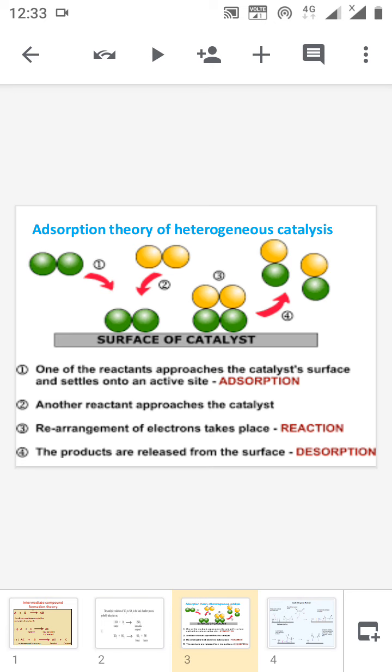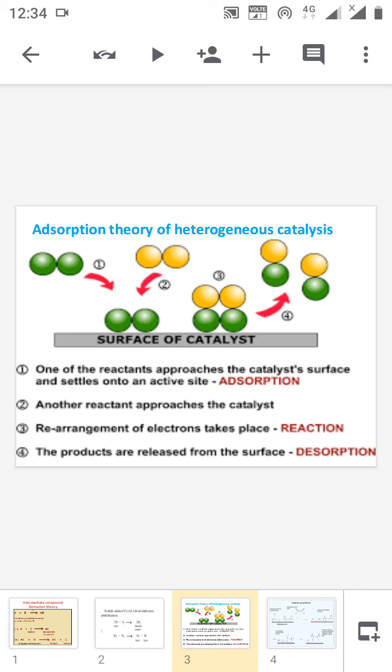First of all, the reactant molecule diffuses towards the surface of the catalyst, and this molecule is physisorbed on the catalytic surface at the active site. Then the bond within the reactant weakens, and finally the bond breaks, and a weak bond is formed with the other reactant, and finally this bond strengthens to form the product.